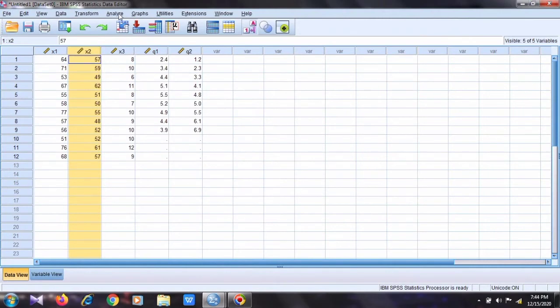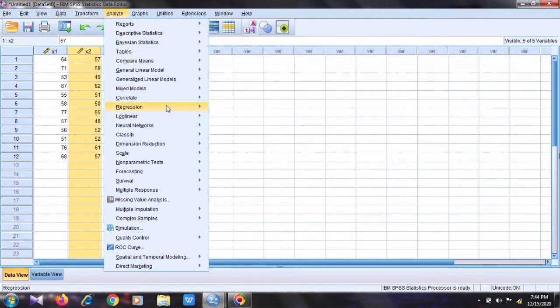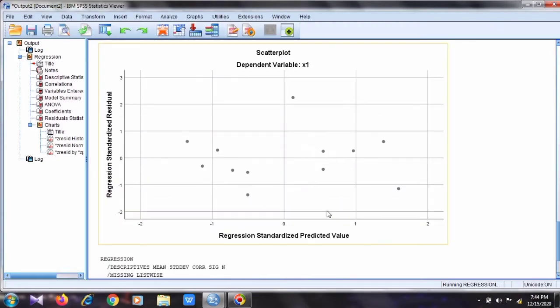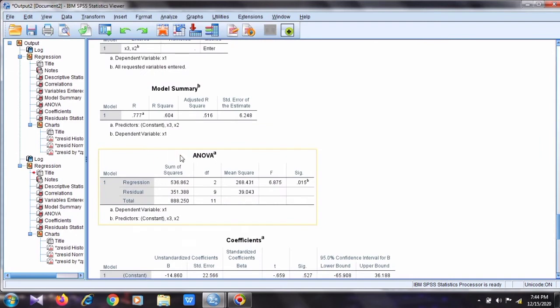Now let's go for multiple linear regression. In multiple linear regression also we follow the same way. We will have Analyze, Regression, Linear. The independent variables you can give as x2 and x3, the rest are the same, you can click on OK, and your multiple linear regression will be formed.